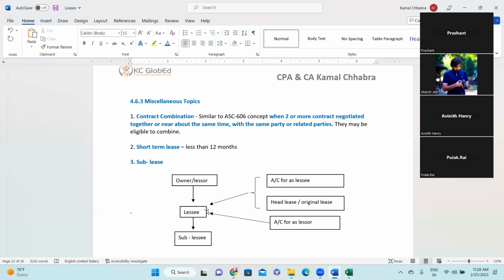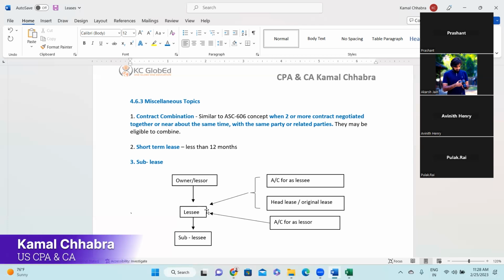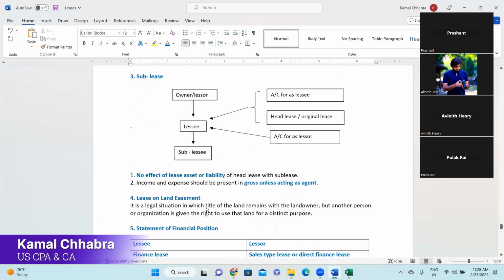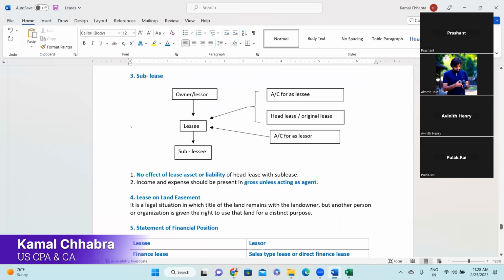Second is short-term lease. Short-term lease, very simple, is a lease for less than a 12-month period. Third is the concept of subleasing. For example, let's assume there's a mall and I have taken a floor of the mall, the top floor, on a lease for, let's assume, $10,000 a month.